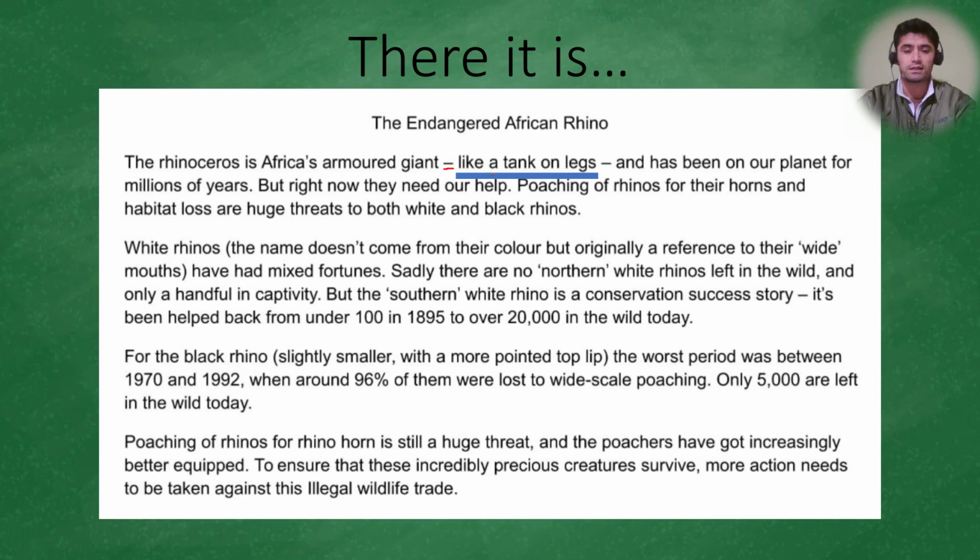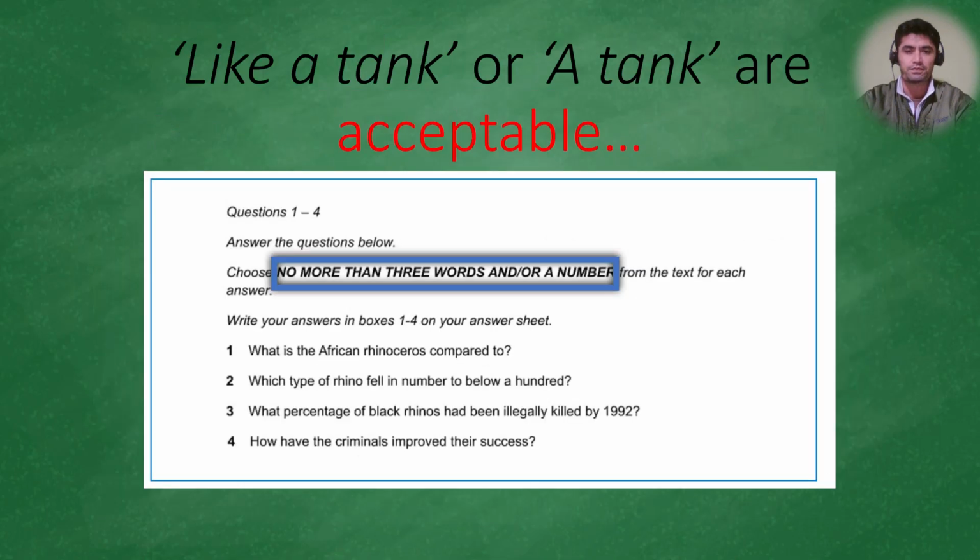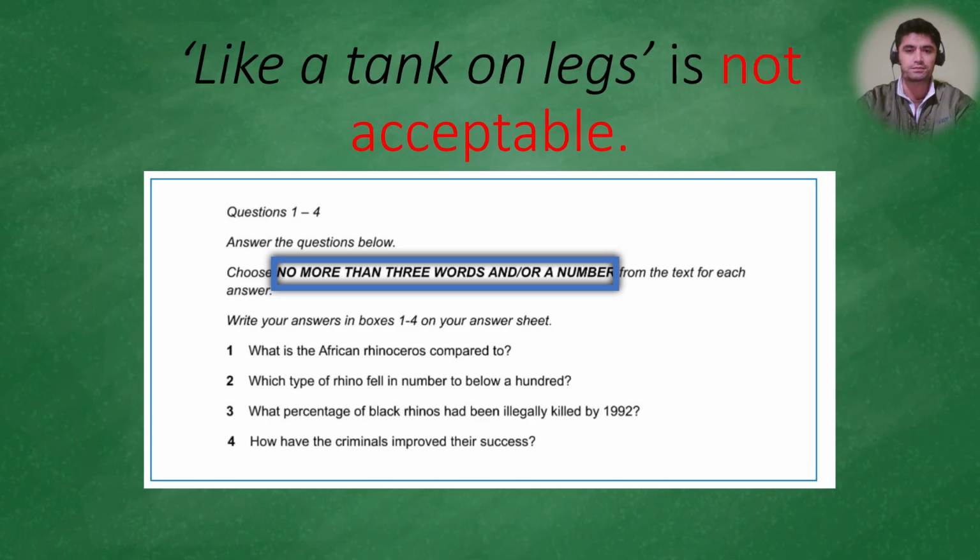It looks like a tank on legs. Earlier we checked that compared to could be replaced with like. So the correct answer here is like a tank, or a tank is also acceptable. But like a tank on legs is not acceptable because it exceeds the word limit.